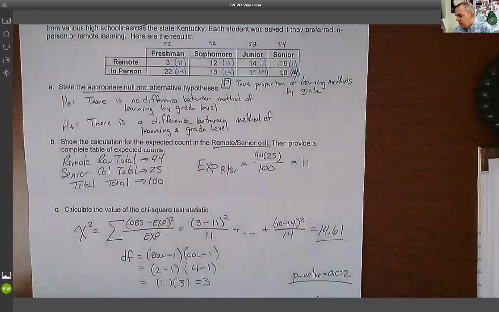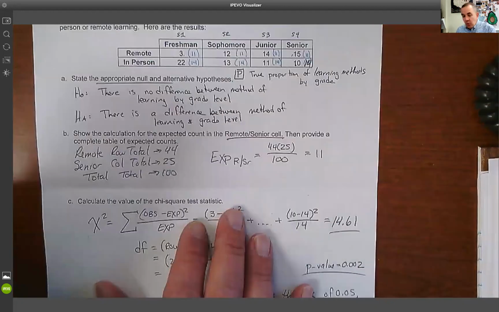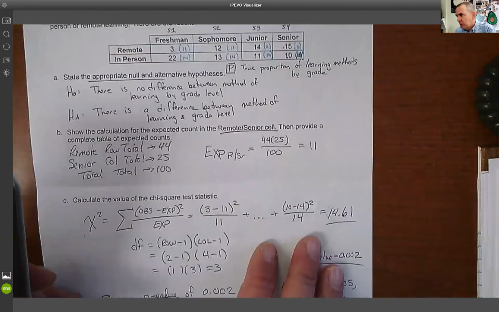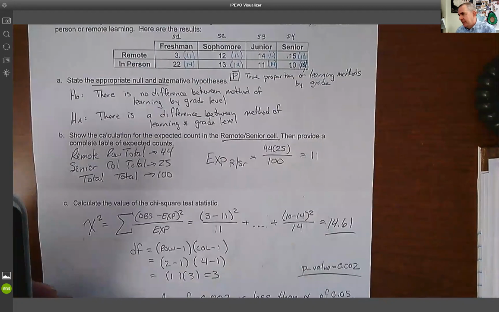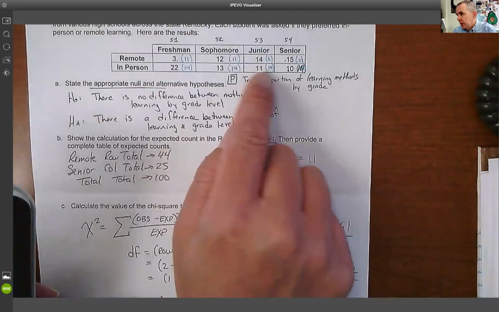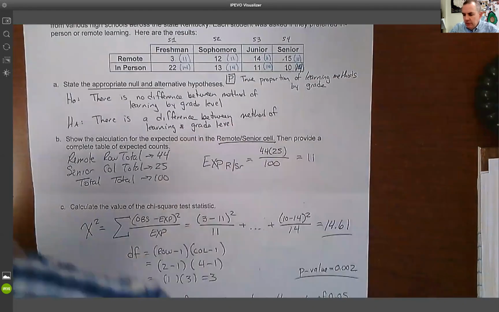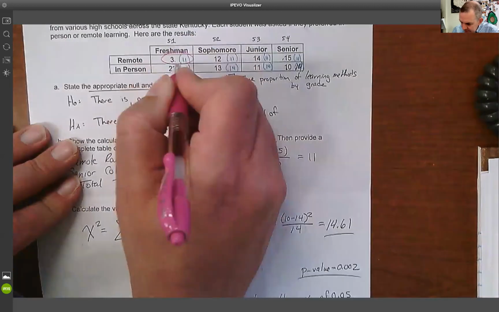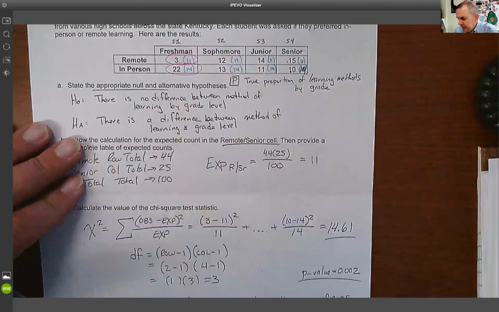Who played the largest role? Normally, much like with goodness of fit, they ask you who played the largest role. Realistically, if you want to know who played the largest role, look and see what numbers are the furthest apart. So if you go and look at this, that and that probably played the largest role.